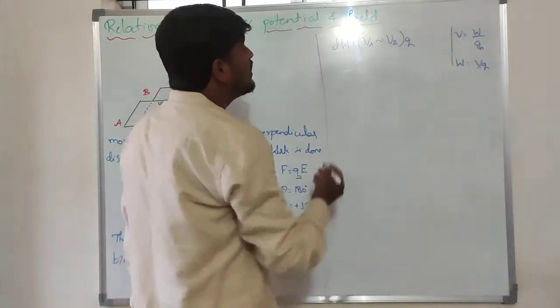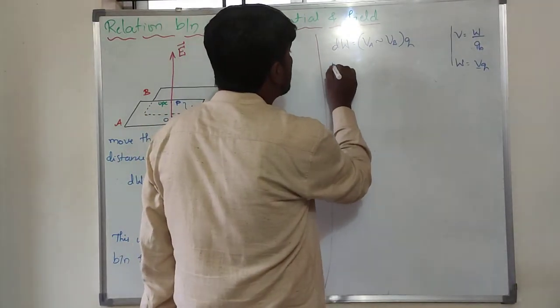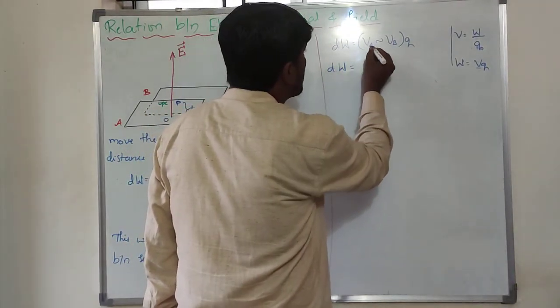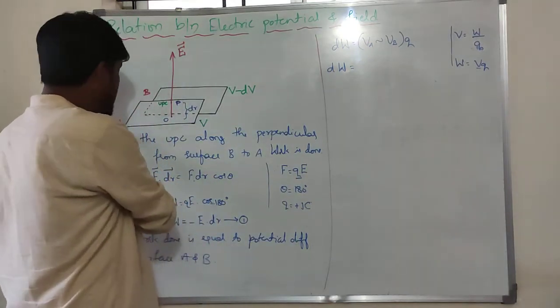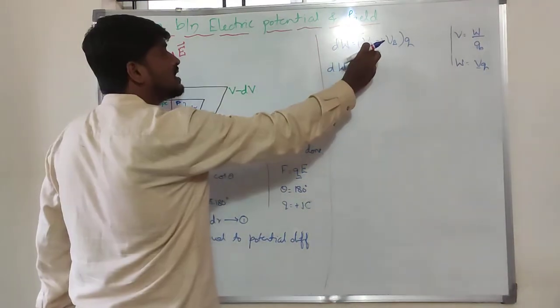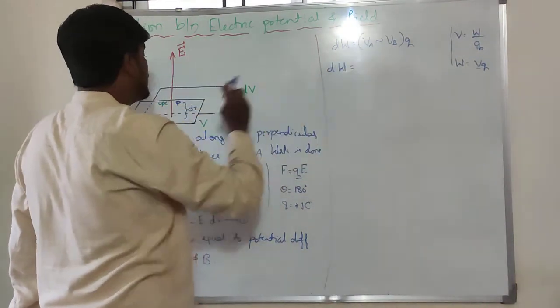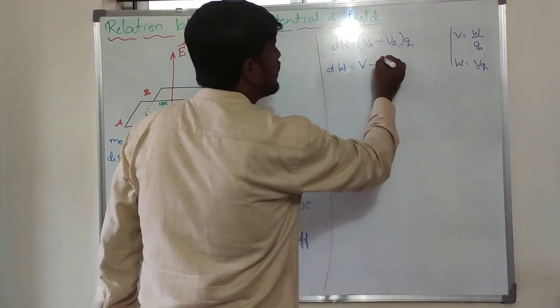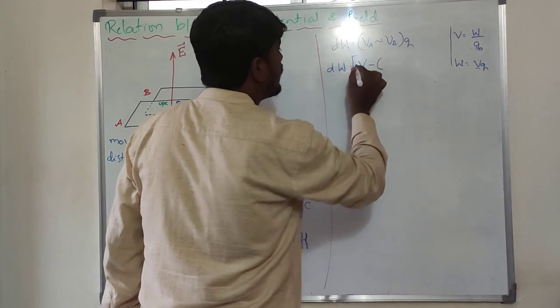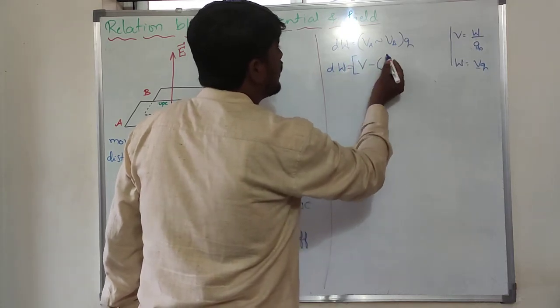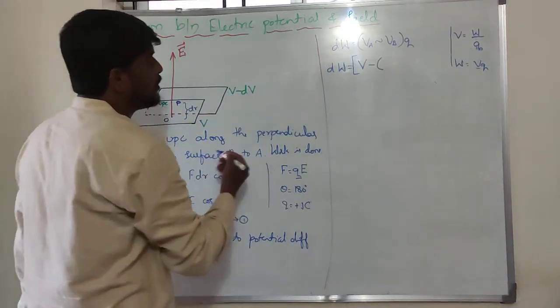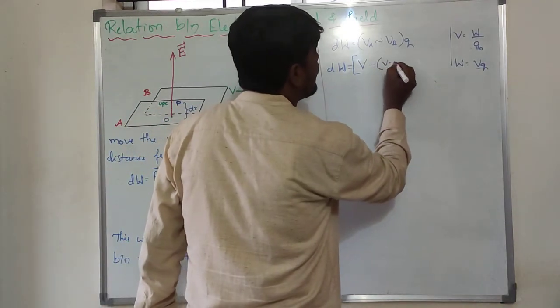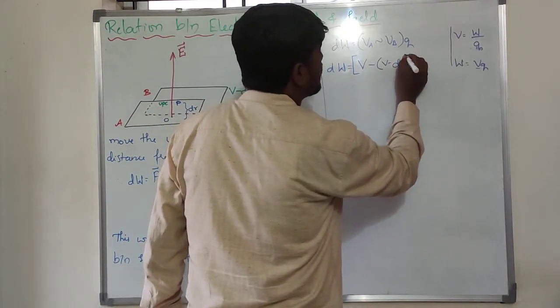Work done only. So then, if I rearrange this term, then I'll get dW is equal to, what is the potential of value VA? VA indicates here the potential of surface A. This is V. V I'll write minus bracket of VB. The potential of surface B is V minus dV.